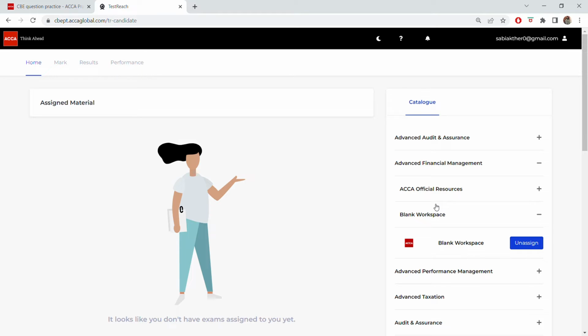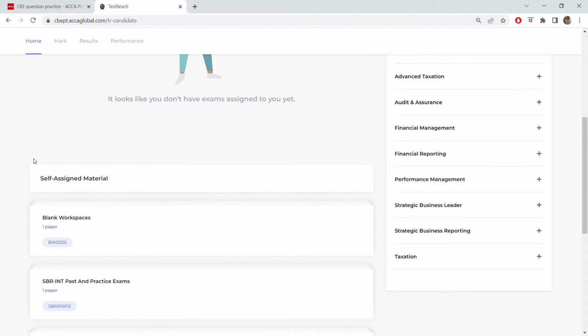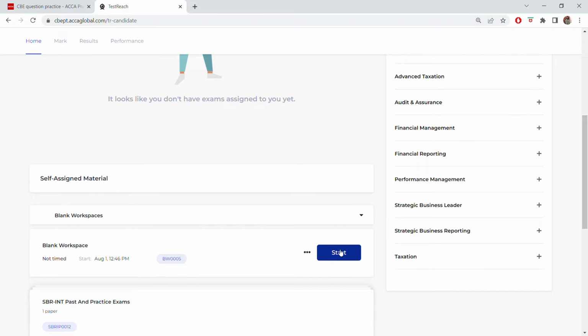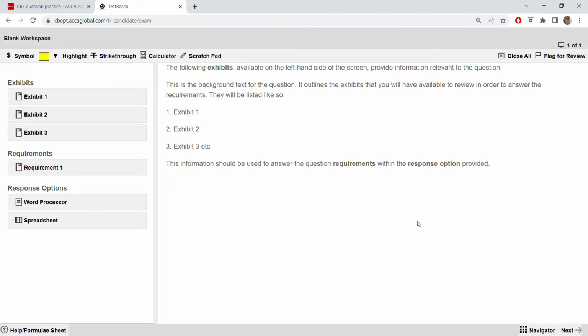That means we don't have the question there. Okay, it will appear like this to you if you have not worked on it before. So you need to assign it, and here on your left hand side you can see this blank workspace. You need to click there, start, and you will land up to this page.